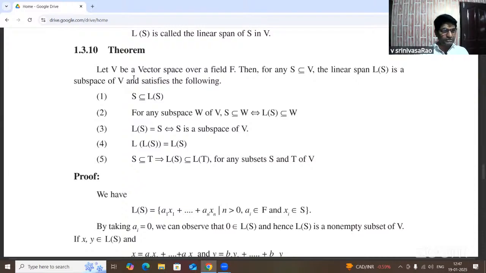Now that is the structure of a vector space. What is the structure? V of F under addition and multiplication.